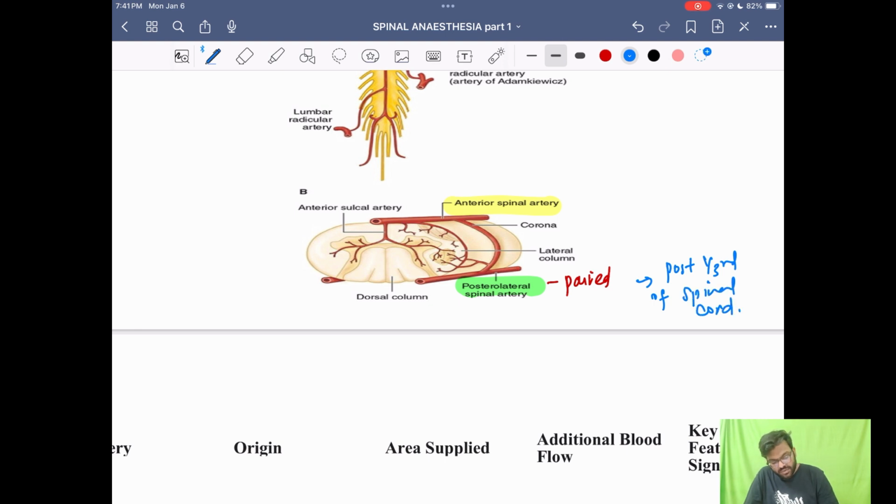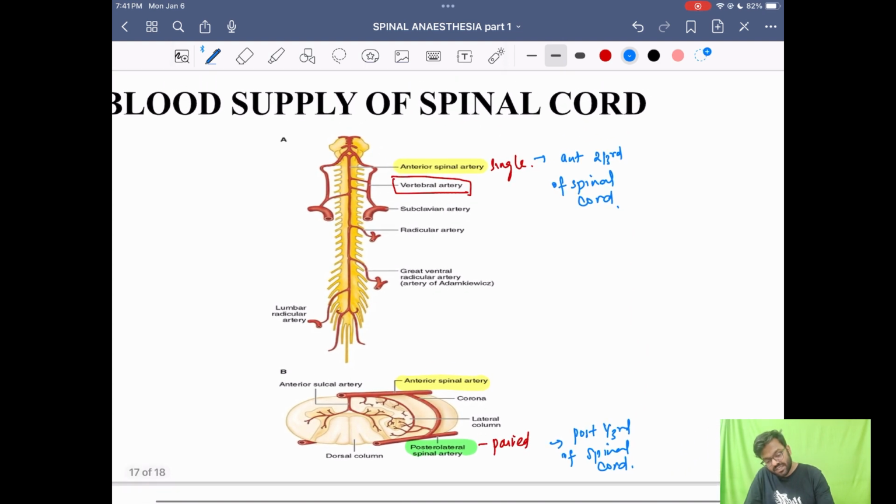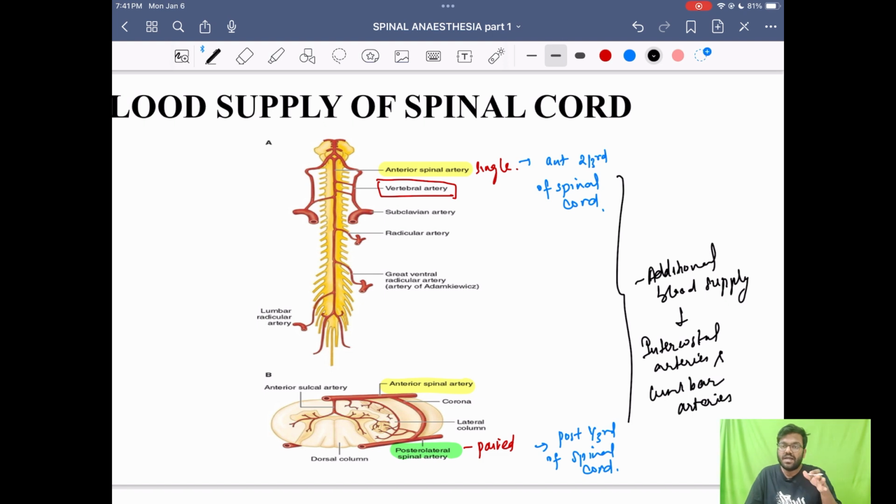Both these arteries also receive some additional blood supply from intercostal arteries and also lumbar arteries. So we have anterior spinal artery which is single, we have a posterior spinal artery which is paired.